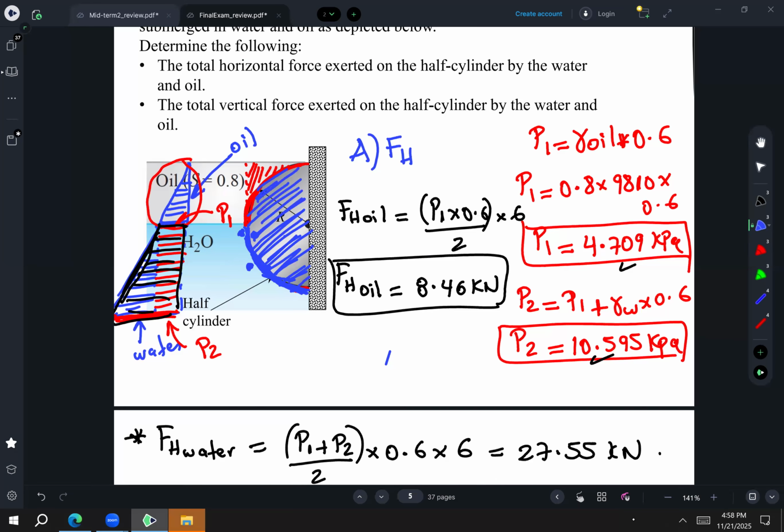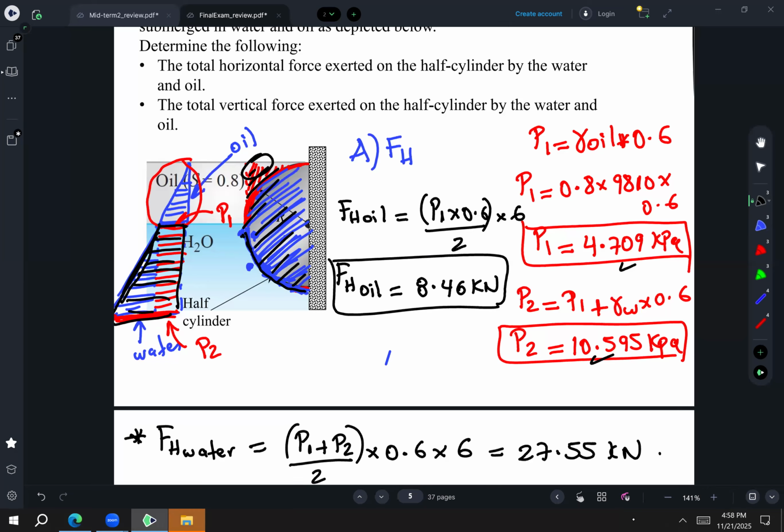Okay, then we can say then the vertical force on the oil is this, and the vertical force on the water is all of this, all the weight acting above this.